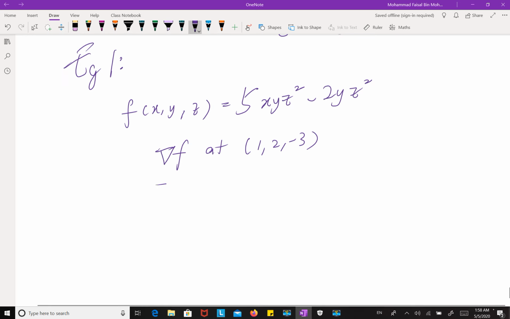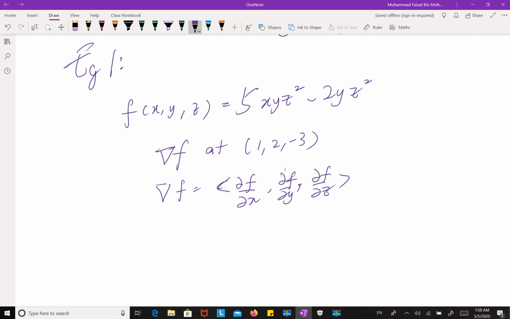So as usual, your grad f will be del f over del x, del f over del y, del f over del z. No need to write i if you put it in this form.